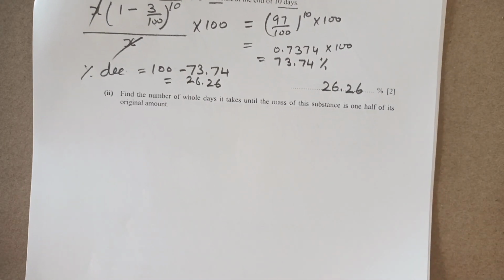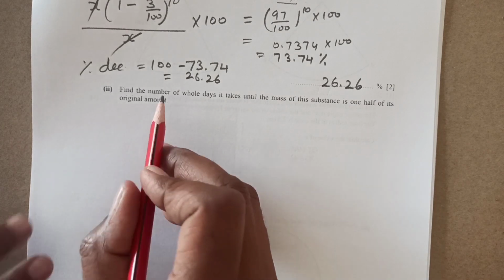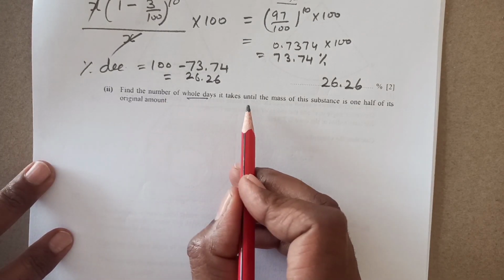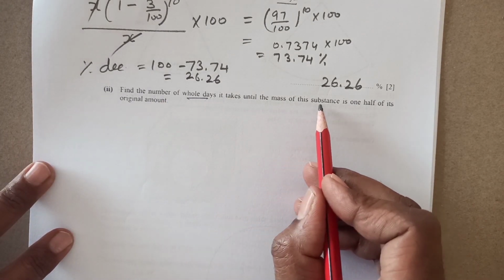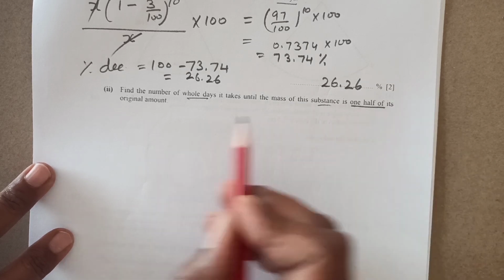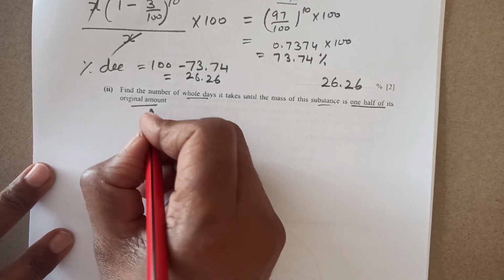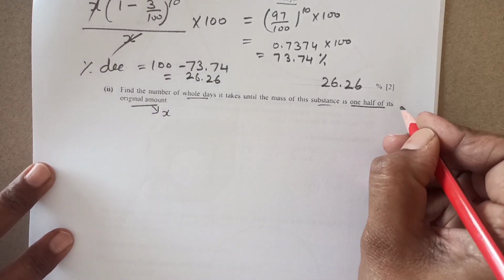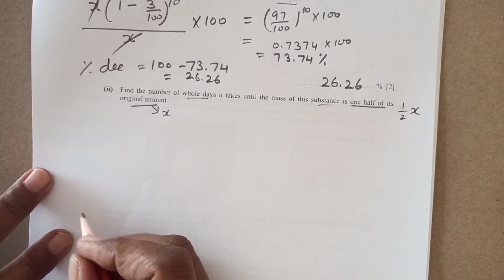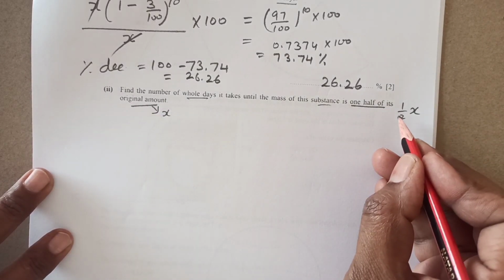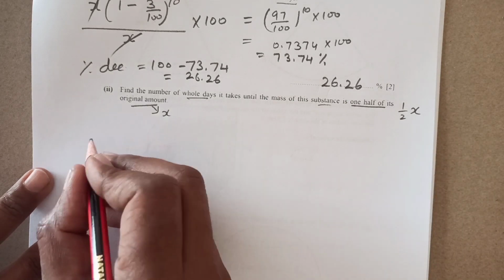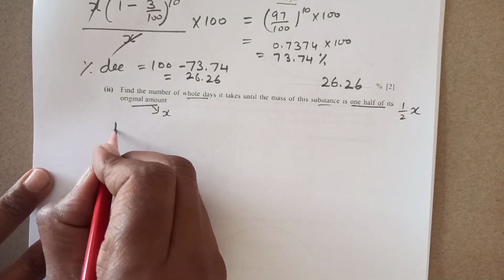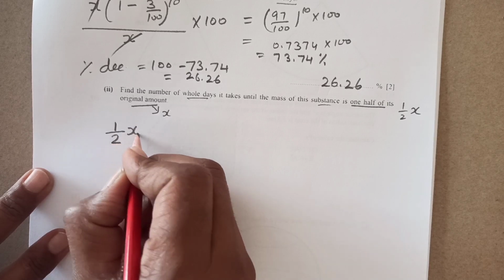Now next one, find the number of whole days it takes until the mass of this substance is 1/2 of its original amount. Let's say the original amount is x, and the 1/2 of that will be half x. So after decrease, the value becomes half x.